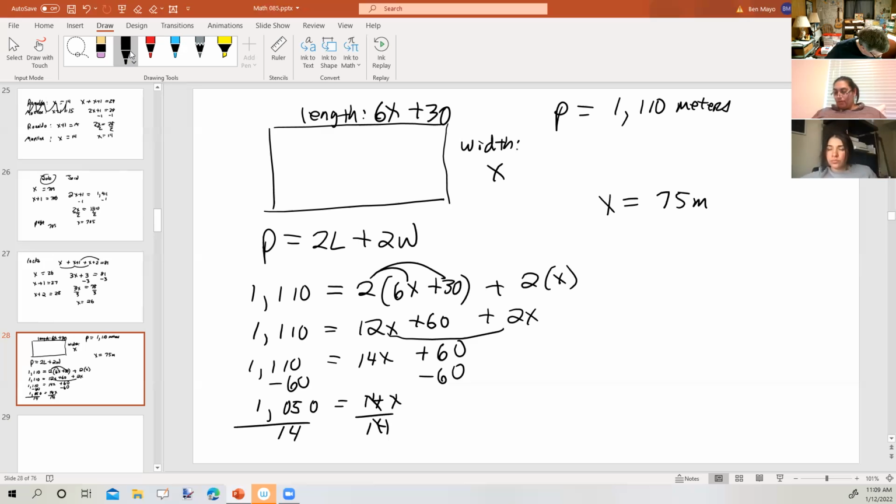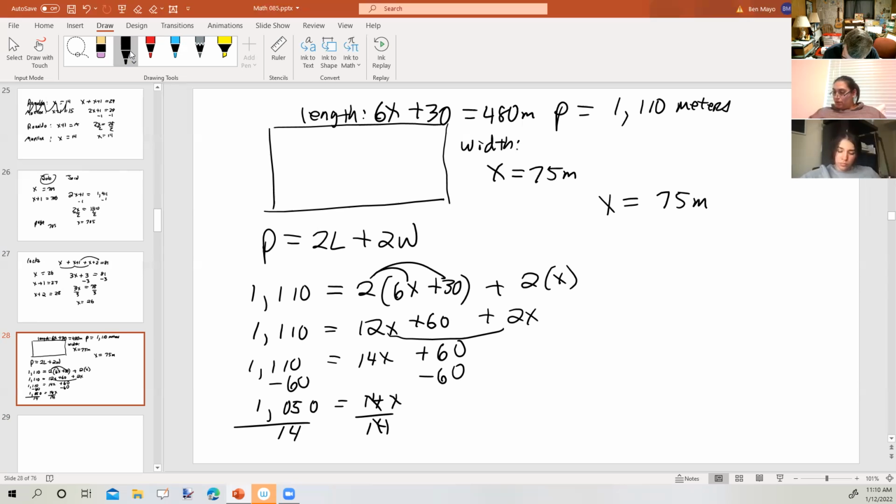And we're supposed to find its dimensions. So the width is 75 meters. The length is 6 times 75 plus 30, which is 480 meters.